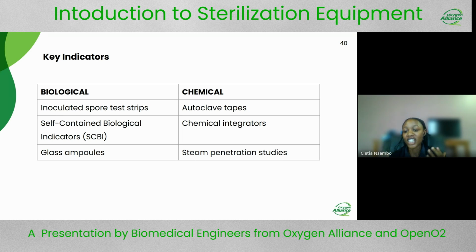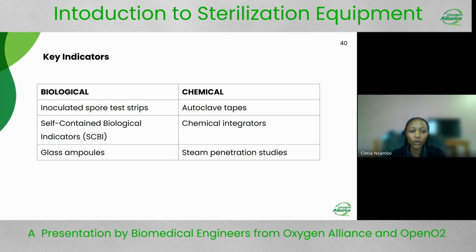That type of chemical indicator will, if the temperature is set right, change color. I hope I'm making sense. So if you want to measure humidity, or pressure, all these change color depending on the type of parameter that you are using to see if your process was a success. So that just indicates whether you had a successful sterilization process or not.